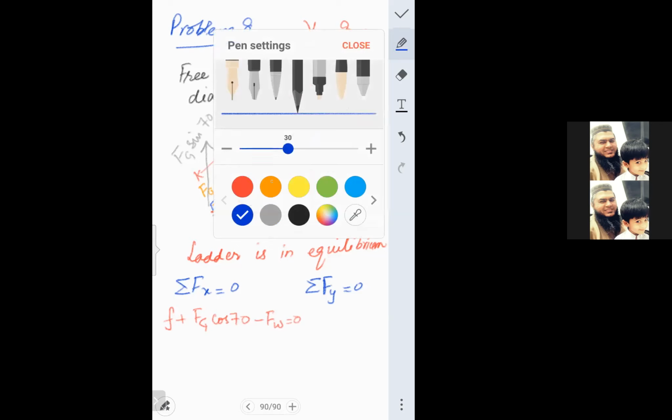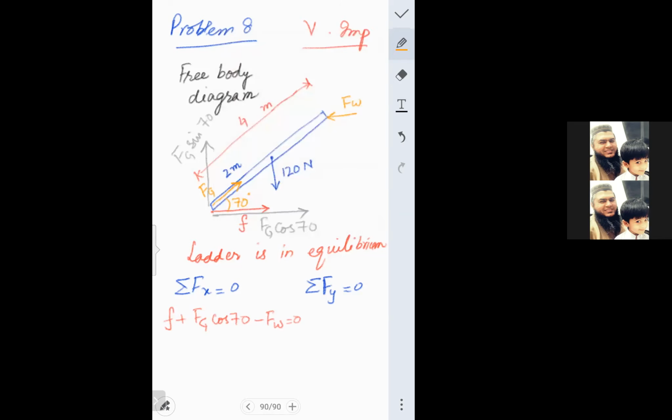Now similarly, the sum of all forces in y direction is 0. Fg sin 70 is in positive y direction, and 120 newtons is in negative y direction. So Fg sin 70 minus 120 equals 0.